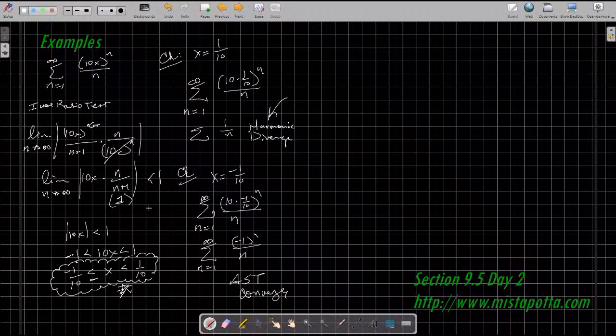So I want to do one more example of this. So I want to take a look at the series, the sum from n equals 1 to infinity of x minus 3 to the n over 2n. So first thing, of course, is I'm going to use the ratio test.